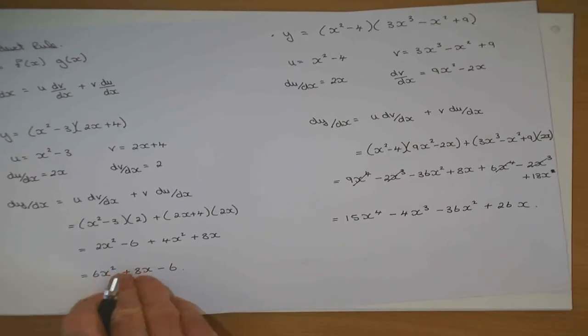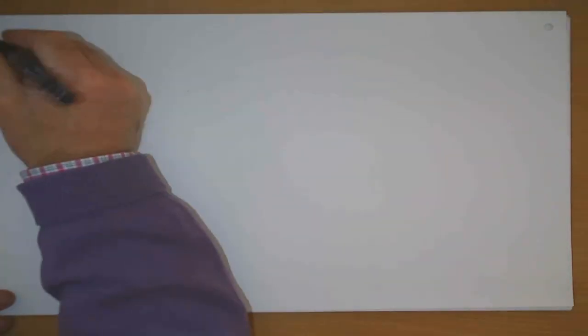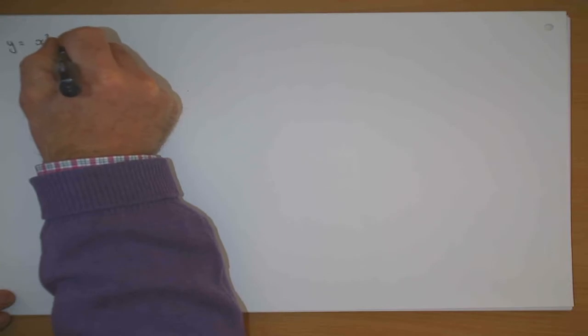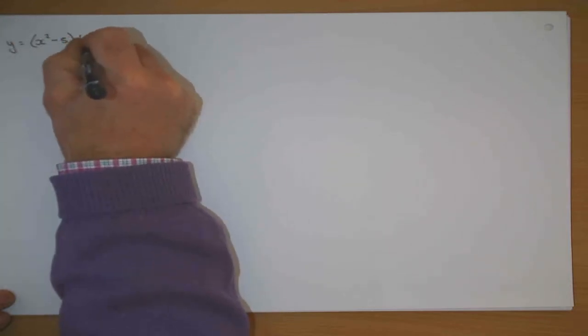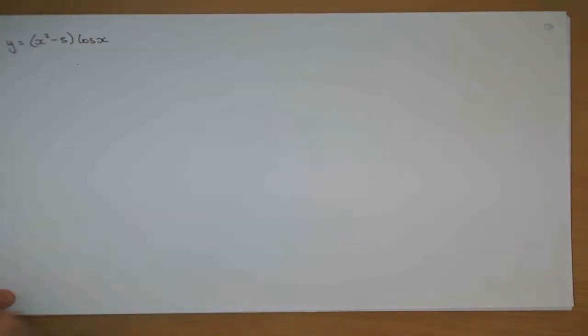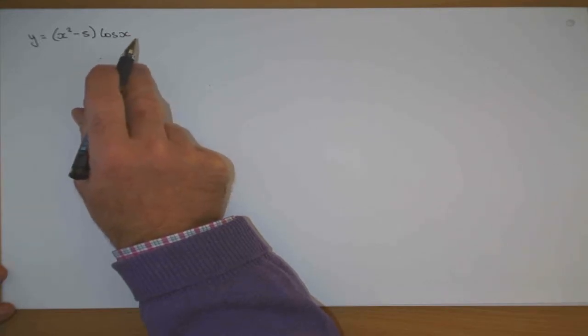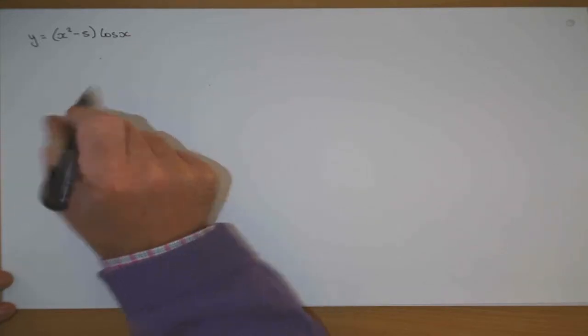Right? Another product rule will be if y was equal to x squared minus 5 times the cosine of x. You now have two separate functions in x. The first function in x is what? X squared minus 5. And what's the second function in x? Cosine x.